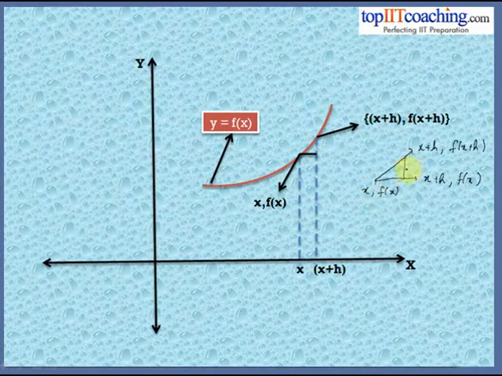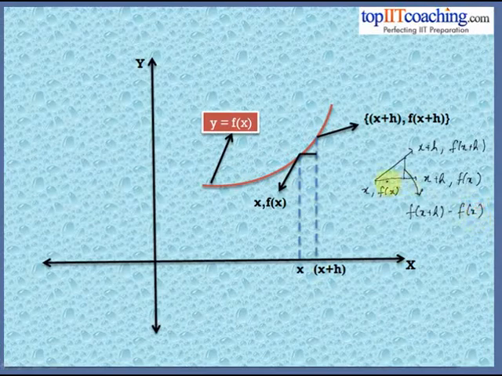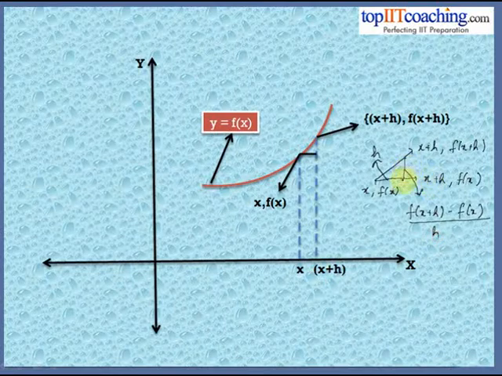Now this distance would be equal to f(x plus h) minus f(x), and similarly this distance would be x plus h minus x, so that would be equal to h. So when we divide f(x plus h) minus f(x) by h, this is the slope of this triangle, or if this angle is theta, then it is equal to tan theta.